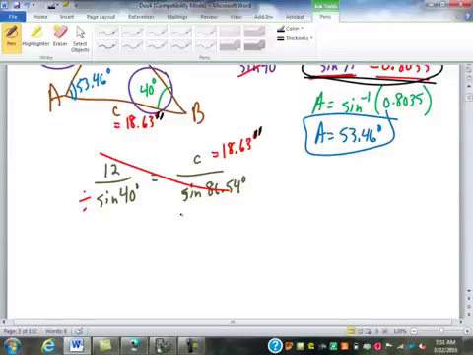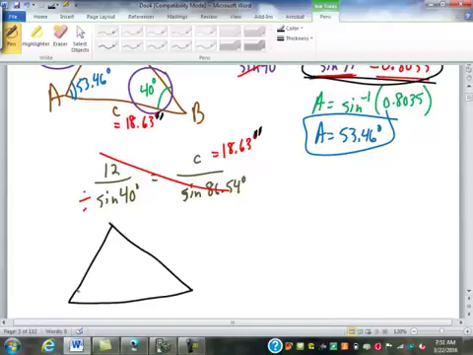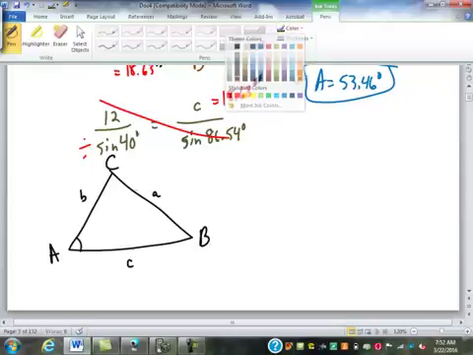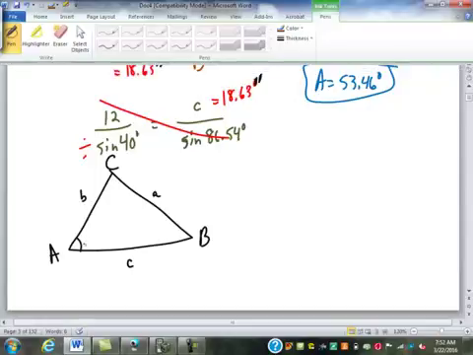So now, we said there were 3 other possibilities. We're going to look at one of them right now. So we have our triangle ABC. Let's say that this angle here is given as 58 degrees. Side B is given as 8 inches. Side C is given as 13 inches.